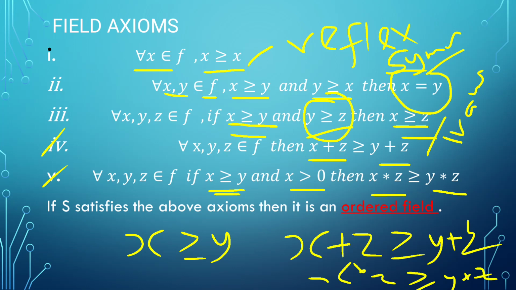So if F satisfies the above axioms, then we call that an ordered field. If you are told to test for an ordered field, you need to confirm whether the 5 axioms are satisfied by the given set.